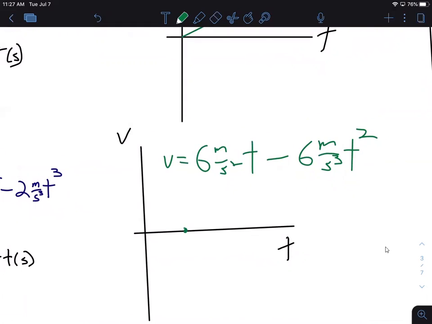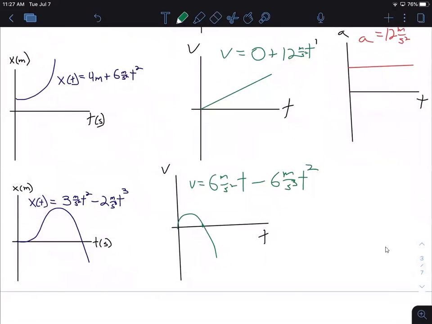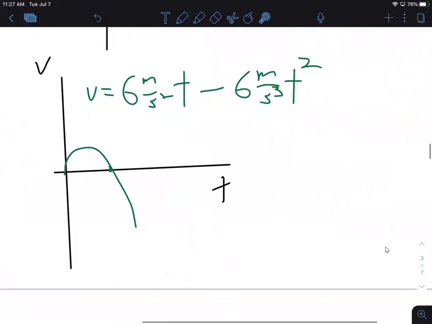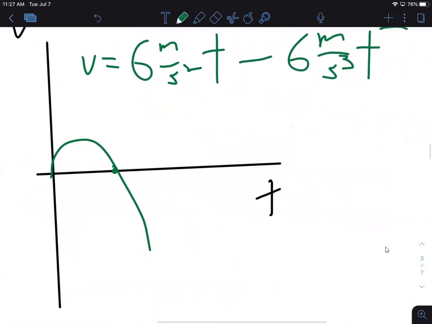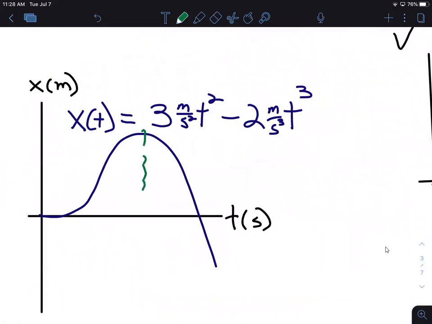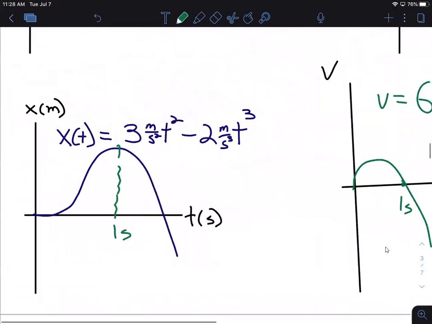But before that, it's positive. It's going to be something like that. And you can see here I have a positive slope getting less positive. This would be t equals 1 right here. 0 slope, getting a more negative slope. So what we have here agrees with that. So this would be 1 second, which would line up here with 1 second.